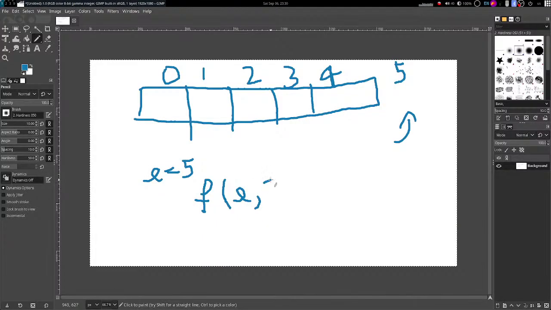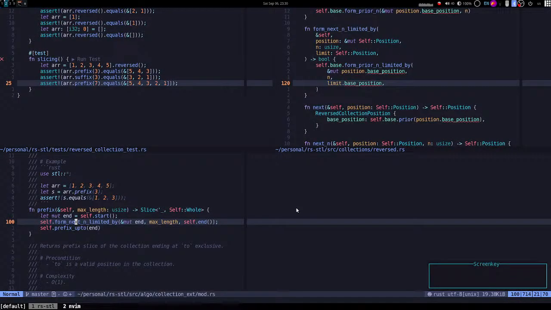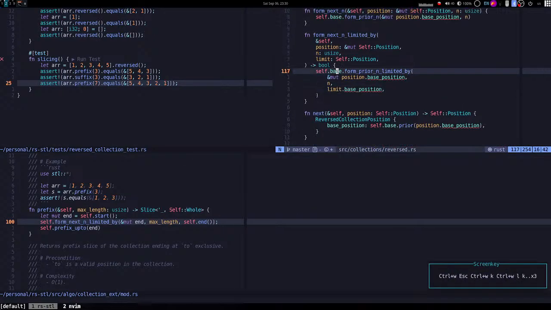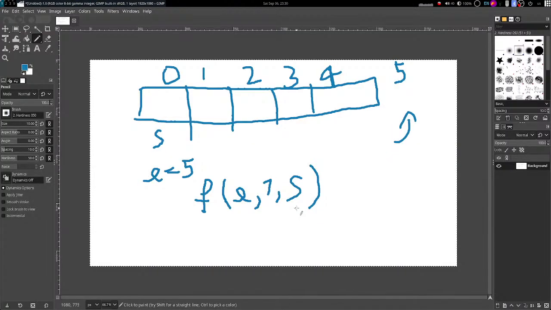Max length, that is 7, and this one is basically S. So limited by this thing, right? Now what it does is for the base one, it calls form prior n limited by.